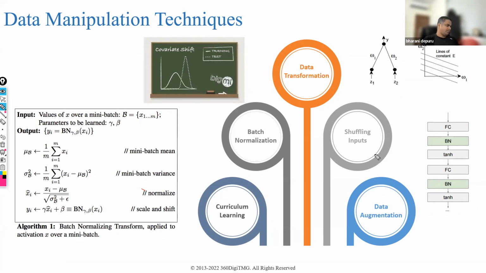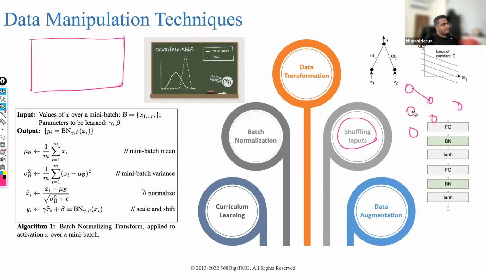Then you have an input technique called shuffling your inputs. If you have a neural network like this, say you have 1,000 observations and 3 inputs, x1, x2, x3.